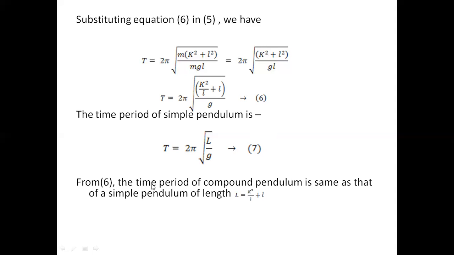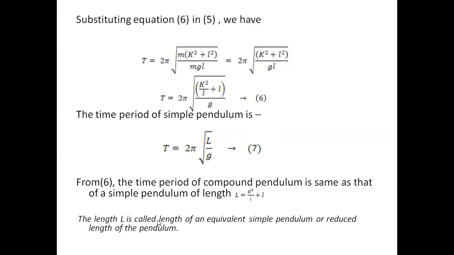So from equation 6, the time period of a compound pendulum is the same as that of a simple pendulum having a length capital L equal to k square by L plus L. Hence this capital L is called the length of the equivalent simple pendulum or the reduced length of the simple pendulum.